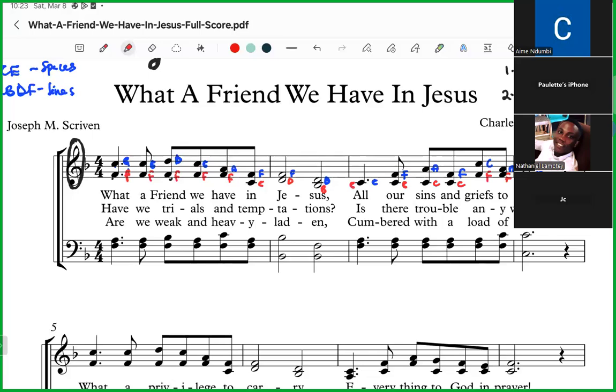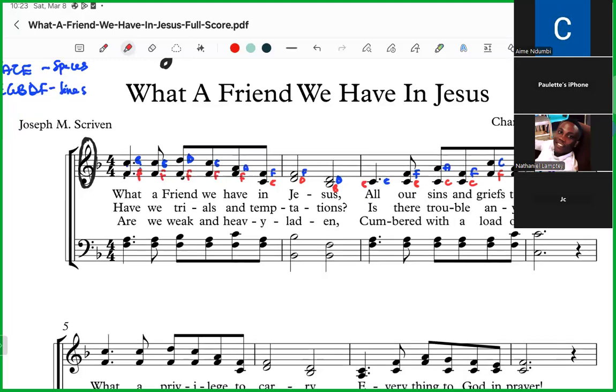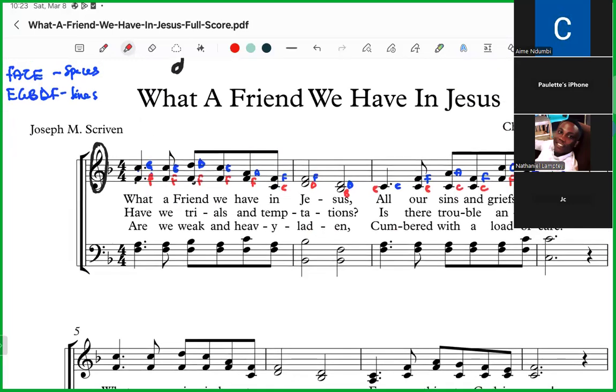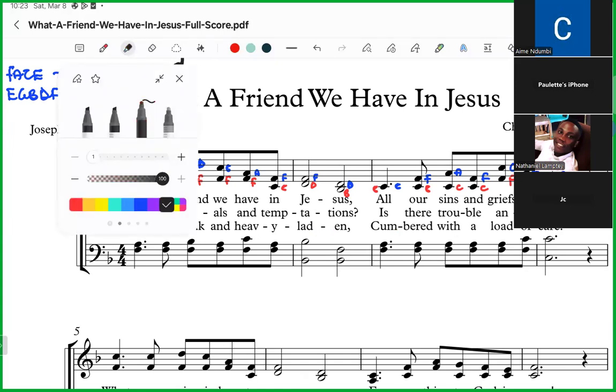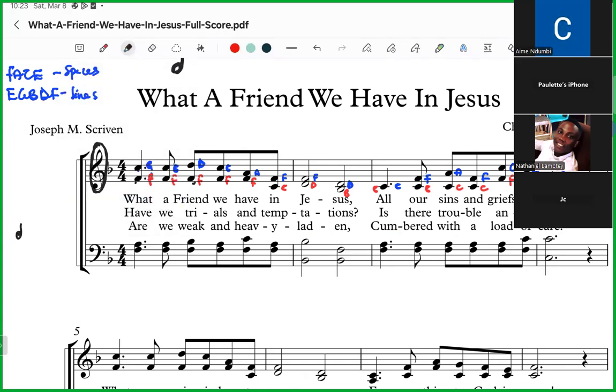So we've identified the notes. We know the notes. Now we have to come to the duration. How long is each note? This is a dotted crotchet. Initially we said a crotchet is 1 beat.